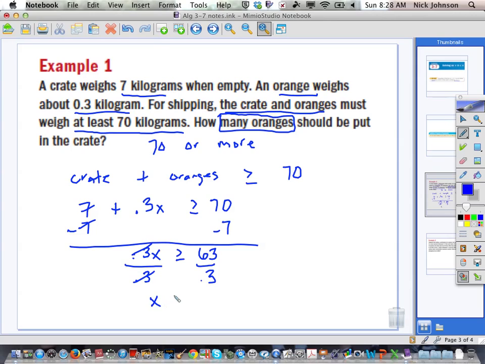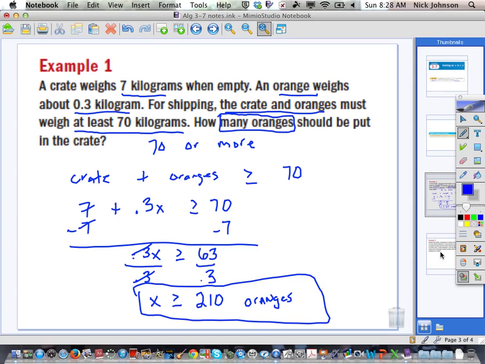So x is greater than or equal to, and notice I didn't flip my inequality sign because all I've done is divide by a positive number. 63 divided by 0.3 is 210 oranges. You can label them oranges. So in that crate, there's at least going to be 210 or more oranges.